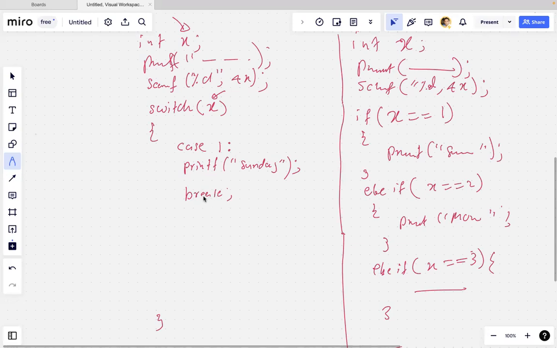After the break keyword, you can provide your next case, that is case 2. Likewise in the previous case, here you can provide again printf Monday.